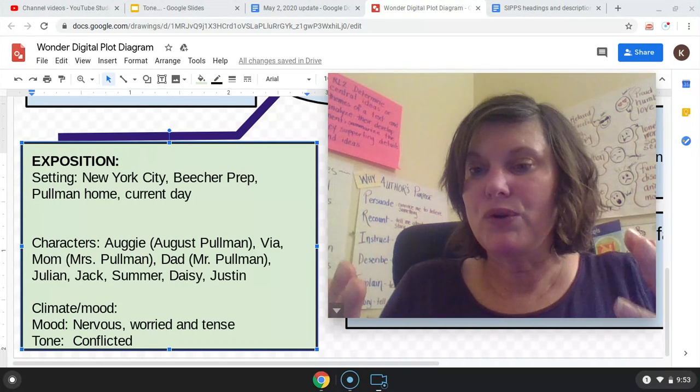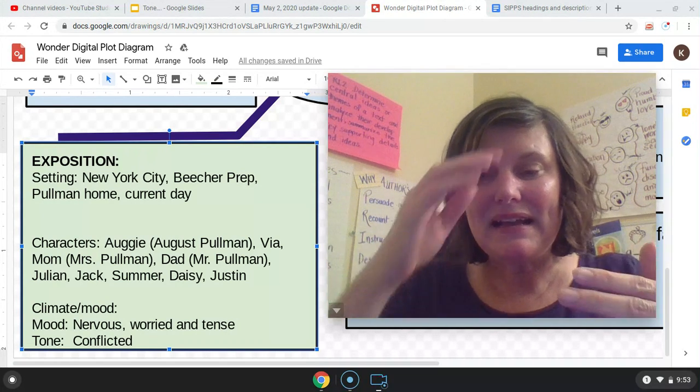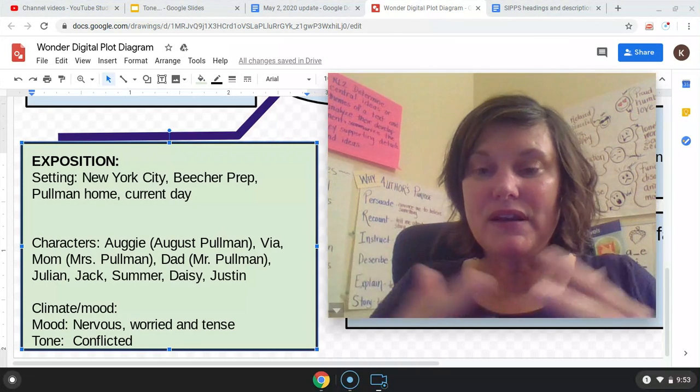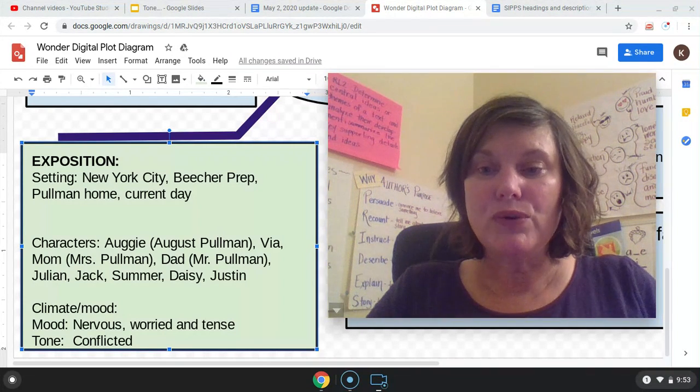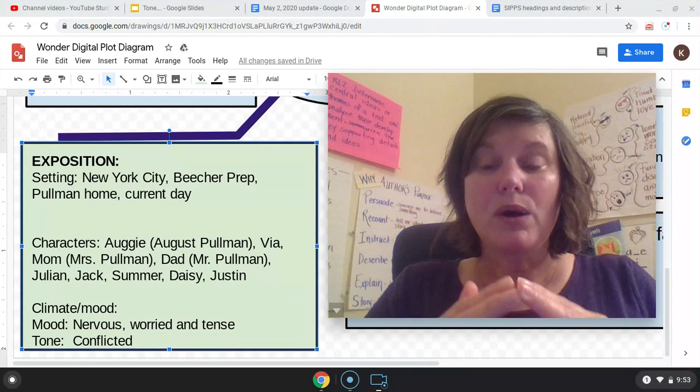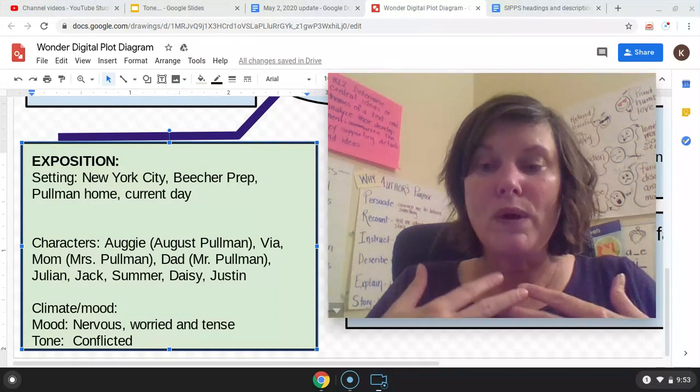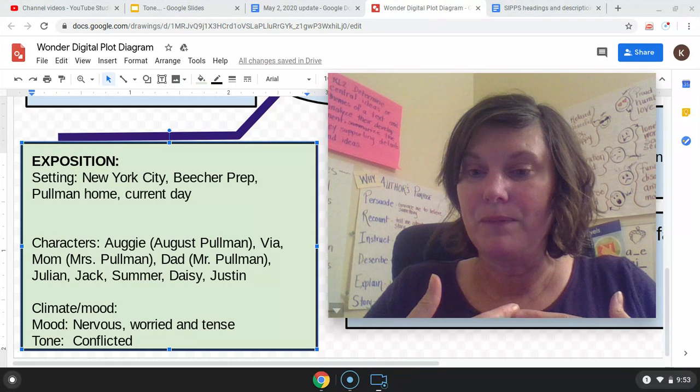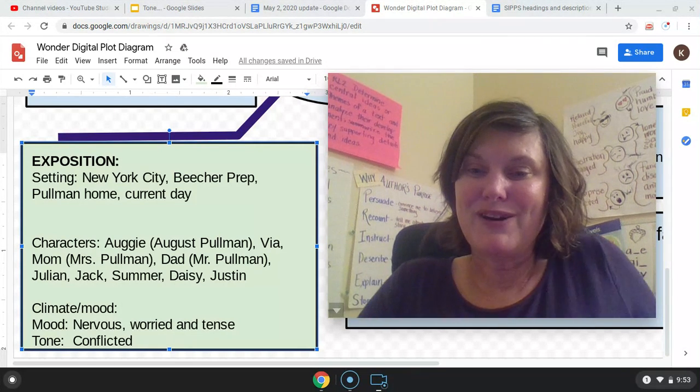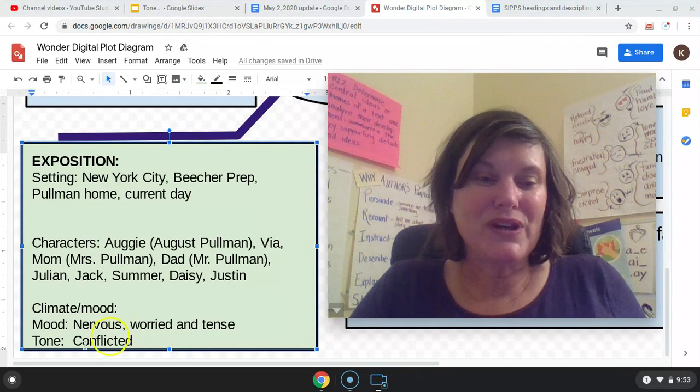They can create tone through the setting that they use or that they describe, but the tone is how the author feels about what's happening, whereas the mood is how we as the reader feel. All right, we'll pick up right here tomorrow and we'll continue reading.